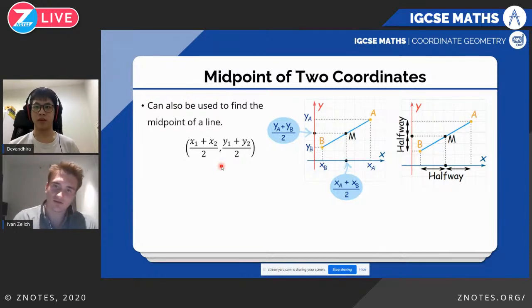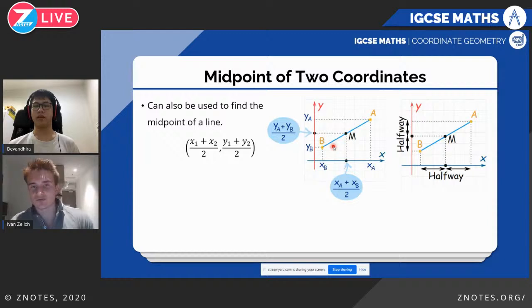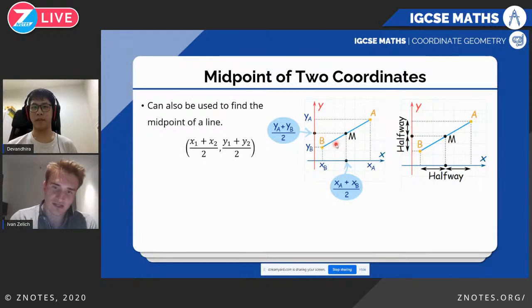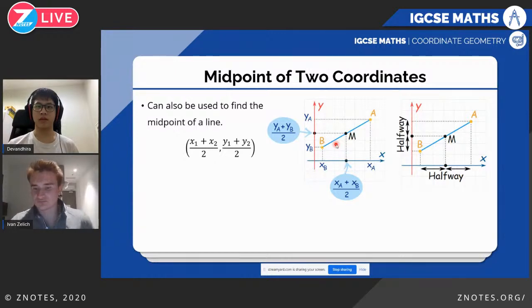You can find other kinds of points too, like a point that's a third of the way along. One way to do it would be to figure out the distance between these 2 points, then figure out a third of that, and add in that direction to get a third of the segment. But you won't experience that in IGCSE, so don't worry about it. But in theory, you could do that.